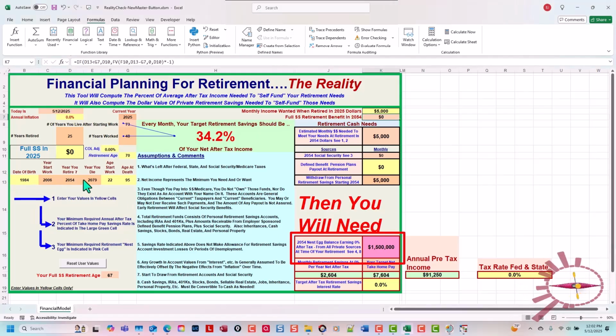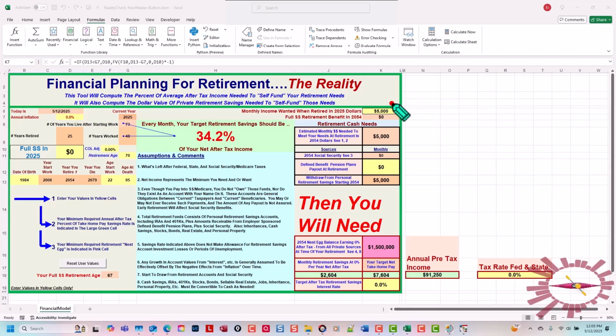Now, based on the numbers that we entered here, we're going to be retired for 25 years. Accordingly, the nest egg that we need when we start retirement, $1,500,000, is easy to calculate. Specifically, we take $5,000 a month, desired income, times 12 months a year, times 25 years in retirement, and that should give us $1,500,000.